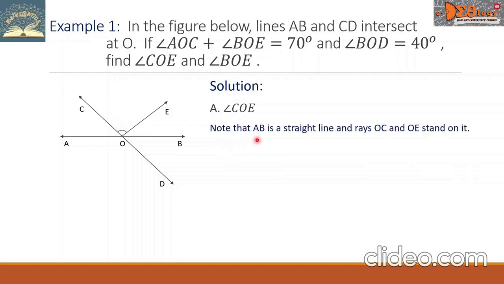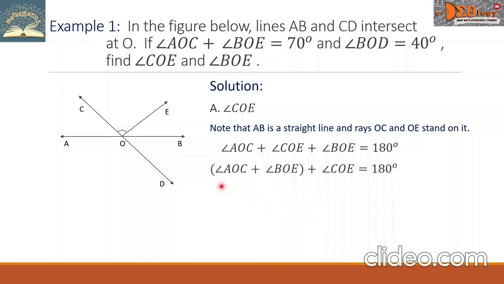Note that AB is a straight line, and rays OC and OE stand on it. That means the angle AOC plus the angle COE plus the angle BOE equals 180 degrees. On the left side, we can rearrange the angles.